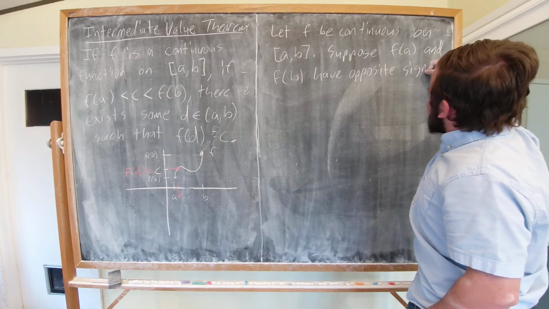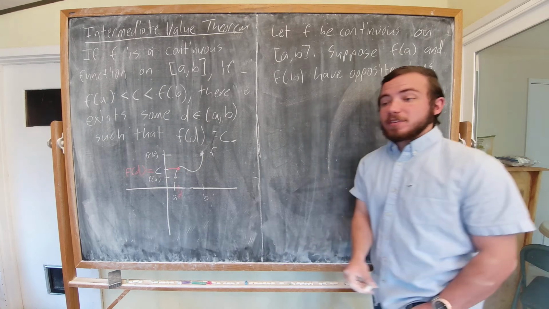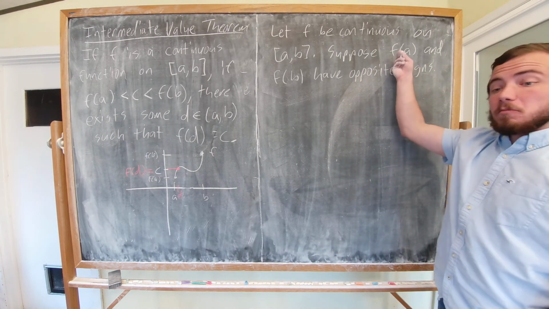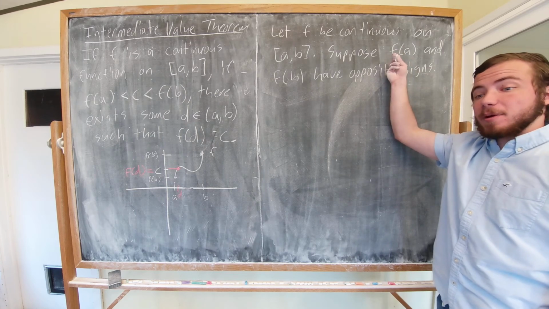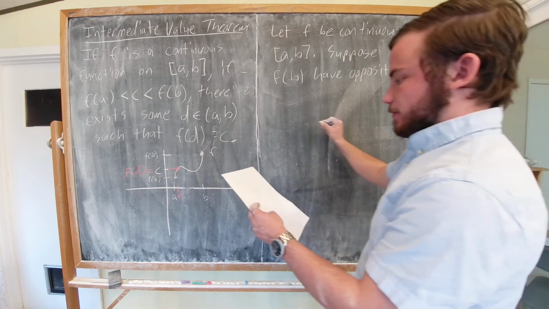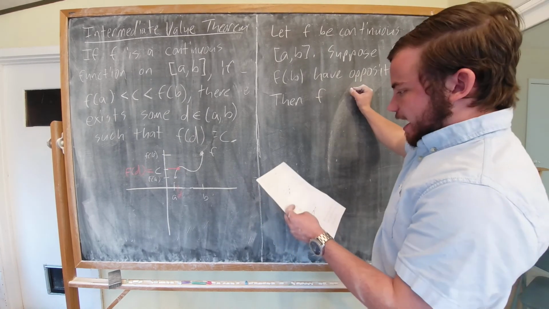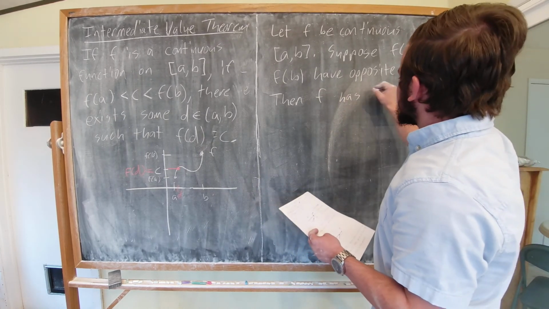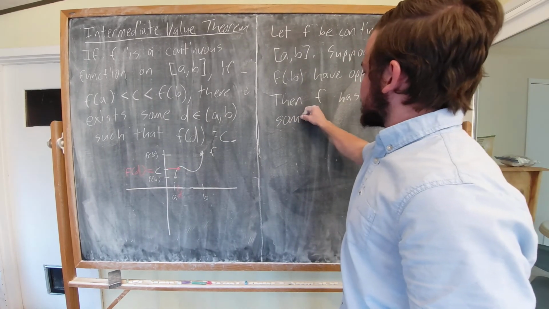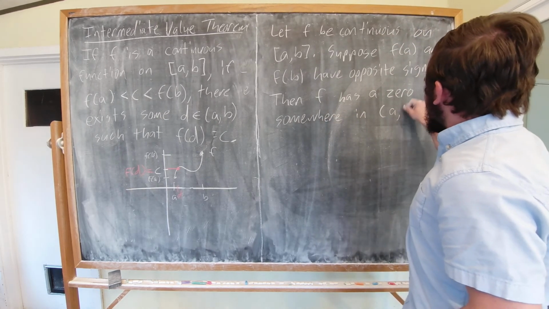I think both are grammatically correct, but who cares? This is a math class, not an English class. Okay, so what does this mean? It means say f of a was positive and f of b was negative, or the other way around. Then f has a 0 somewhere in the open interval a to b.